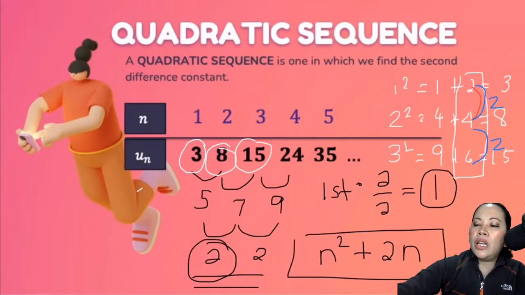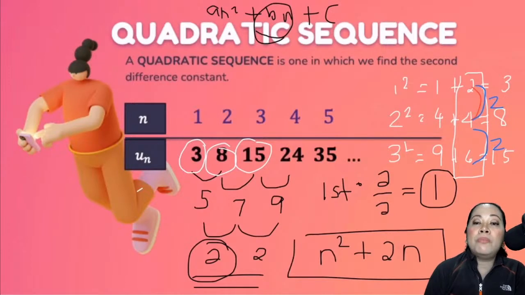I'm talking about an squared plus bn plus c. If there is a common difference, it will be on bn, being multiplied to n. If it is all the same number, it will be your c. So for this case, because there is a common difference, which is 2, that 2 will be multiplied to n. Therefore, the nth term formula for this quadratic sequence will be n squared plus 2n.